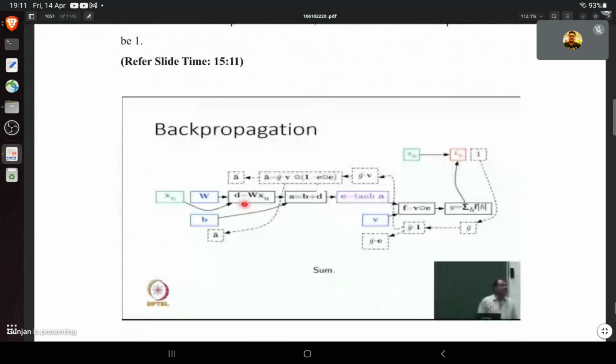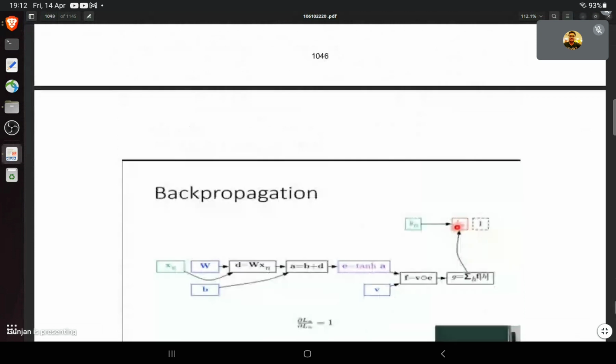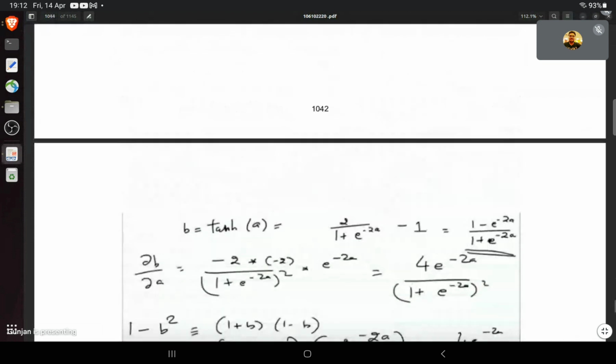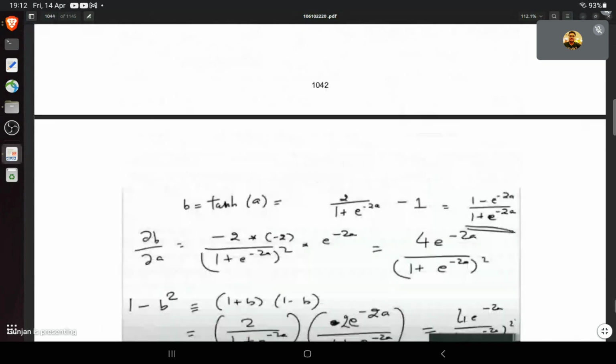Where they might have discussed it. Does anyone know where they might have discussed this? Maybe you can just quickly go over that.